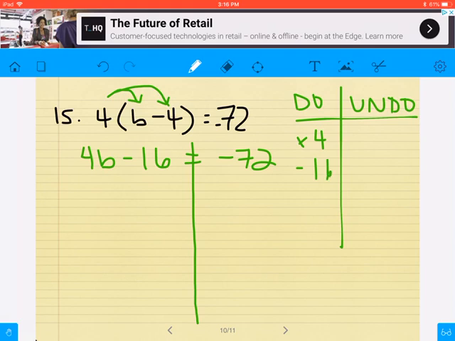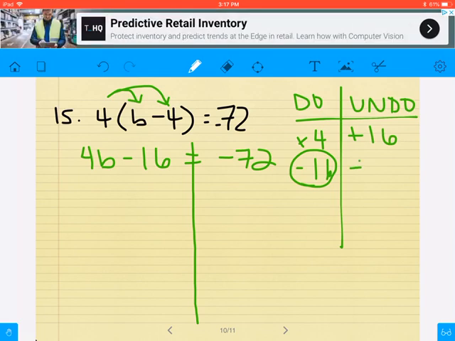In our undo column, previously we've only been undoing one operation, now we have to undo 2. We've got to go in the opposite direction, which means we need to start with this -16, because that's what's being done last. And we need to change the operation to the opposite operation. So to undo this, we're going to be adding 16 first, and then we're going to be dividing by 4.